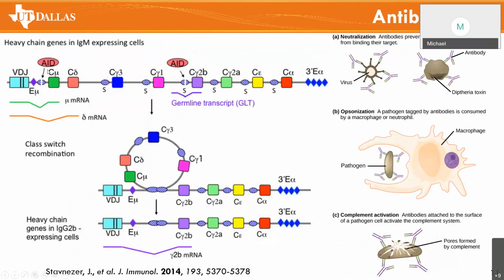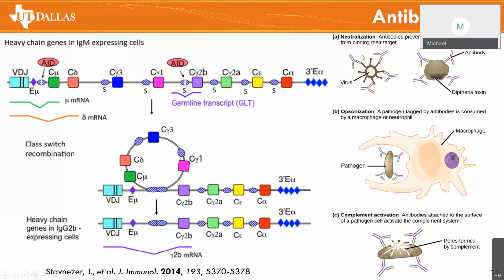Here you see the VDJ, and then the constant region, which contains mu, delta, gamma 3, gamma 1, and gamma 2b. The AID enzyme will excise the sequence that it doesn't want to express. Initially, it expresses IgM and IgD, but after it excises this region and removes it from the DNA, it will express VDJ and then start expressing IgG2b. This is how your B cell will class switch.